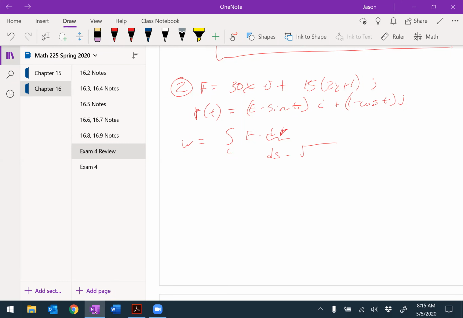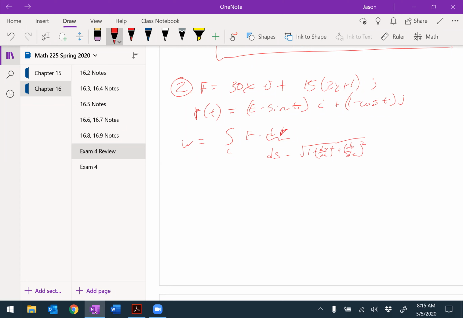If you're parametrizing, it would be, well, it's just your arc length formula, so in terms of x, y's, and z's for your small s: dy/dt squared plus dx/dt squared. Okay, so you use that if it's a small s.